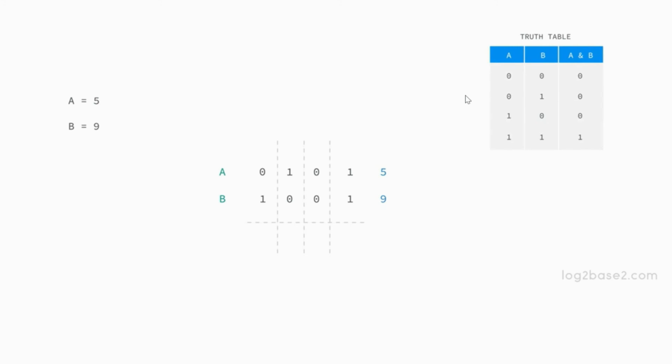Now we can perform bitwise AND. Take the first pair of bits, 1 and 1, and we have the truth table here. For 1, 1 we get 1, the next pair is 0 and 0, so we get 0, next is 1 and 0 and we get 0, and finally 0 and 1 and we get 0. The result of bitwise AND between 5 and 9 is 0001.